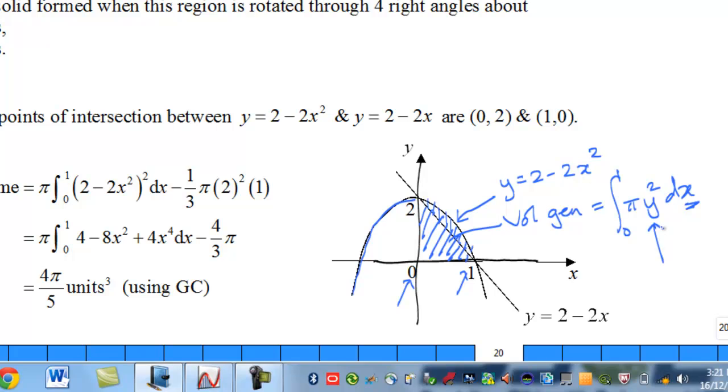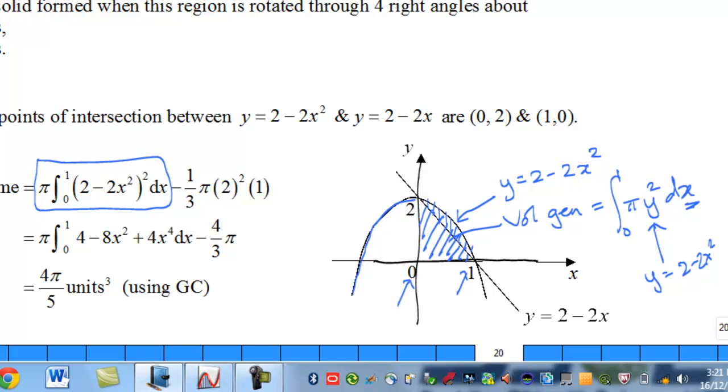Now we substitute in y equals 2 minus 2x squared, and we will end up with the integral over here that I boxed out in blue. We know that this is the solid without any hollow in the middle that we have seen in our animation.